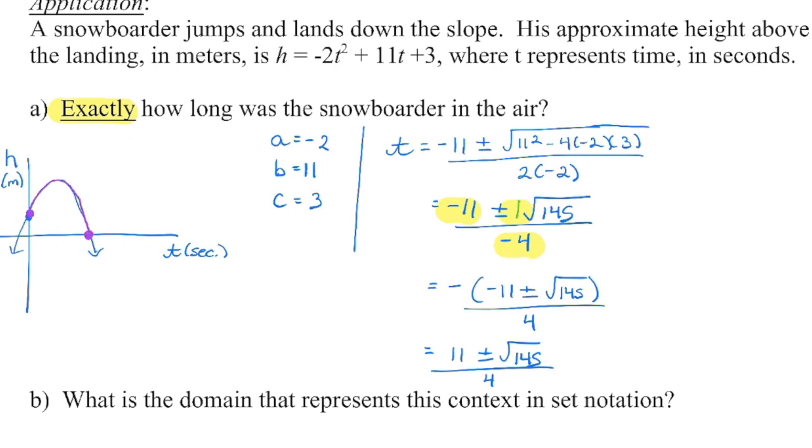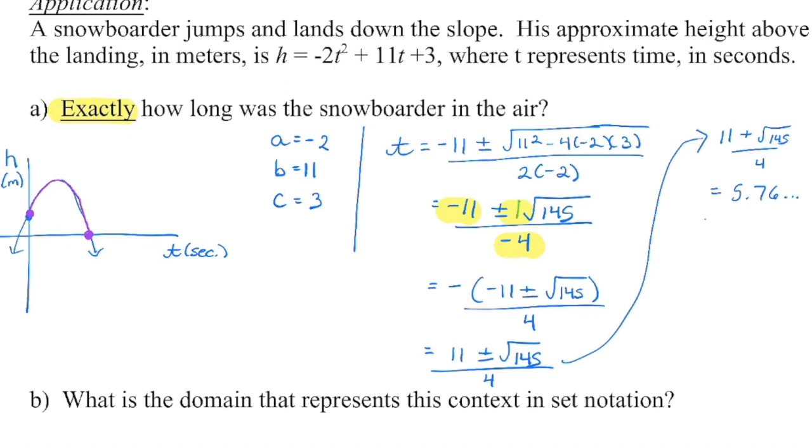So even though we need an exact value, what you may want to do at this point is put them in your calculator just to figure out what is the negative one, what is the positive one. Well, if we have here 11 plus the square root of 145 divided by 4, that's going to be our positive root. So again, if you get the decimal value, it's going to be 5.76. This is just to verify.